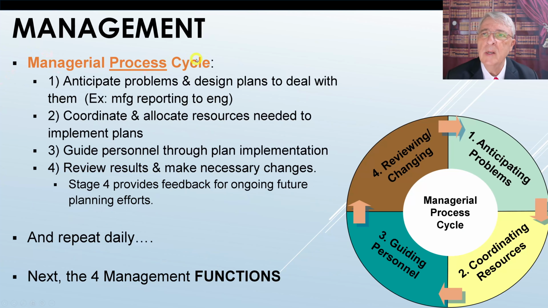Let's talk about the managerial process cycle. That's this over here. This is what should be going on in every manager's brain. So the first step is anticipate problems and come up with plans to deal with them. For example, I inherited a problem group that was very far behind schedule, more than a year behind schedule. At the time, manufacturing was reporting to the engineering department.